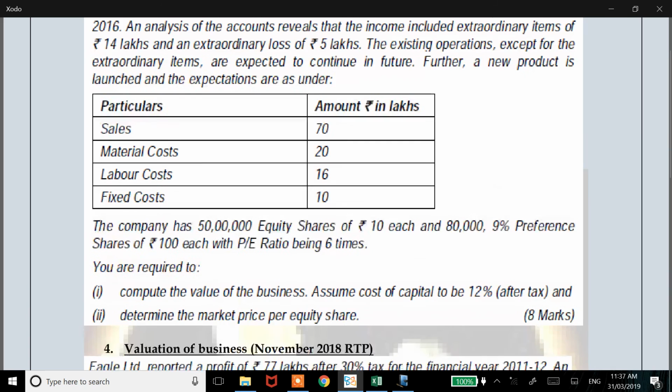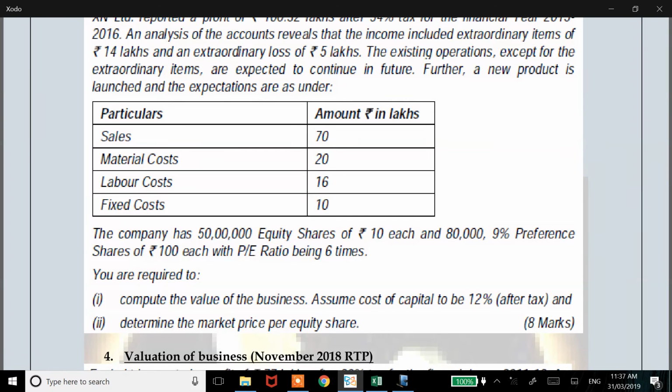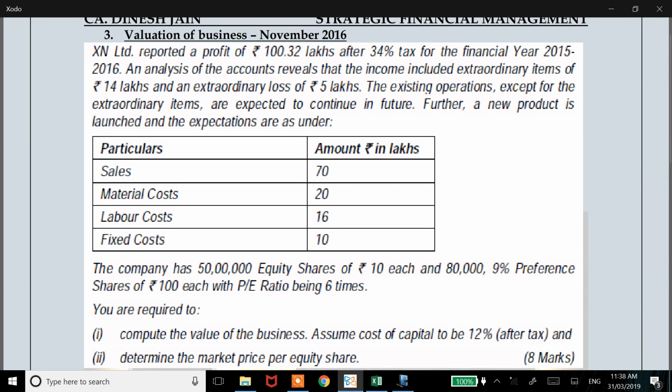Question 2 is similar to that. I'll then move to question 3. Any doubts on that?